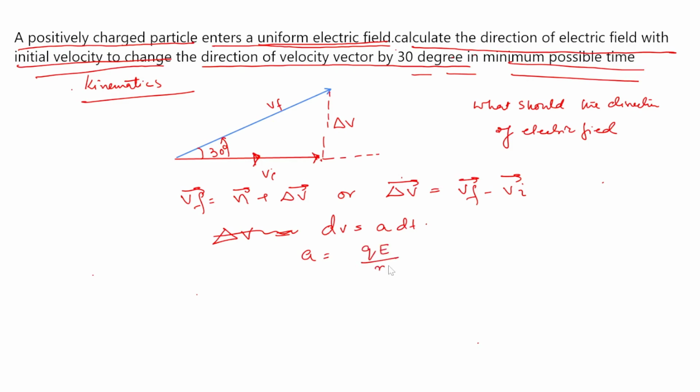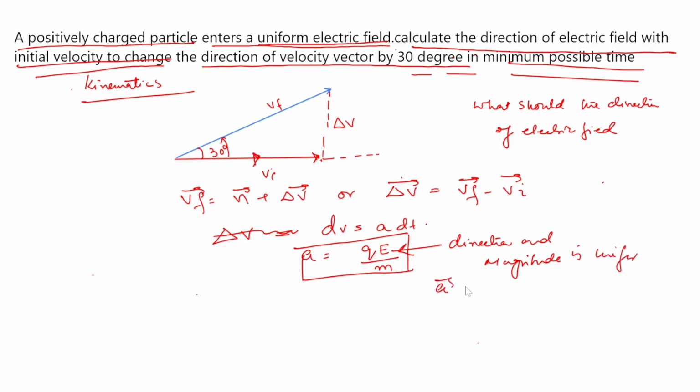Because the electric field is uniform, its direction and magnitude are uniform. So the A vector is uniform, in both magnitude and direction.